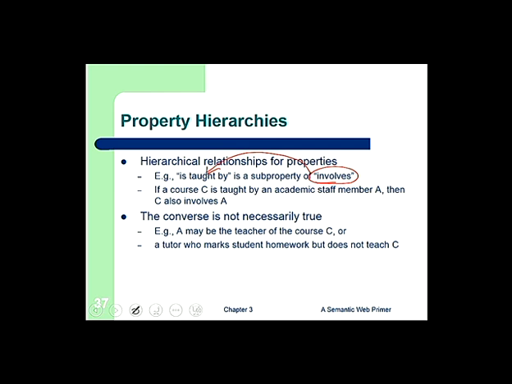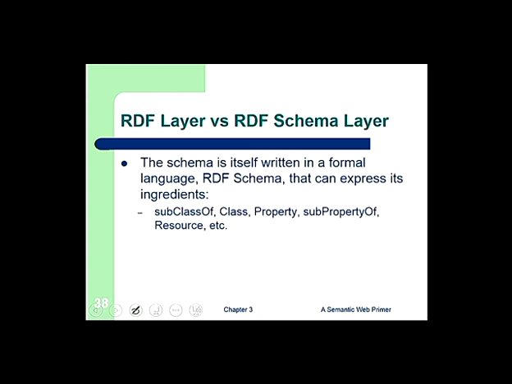Every course involves a certain instructor, but every instructor might not be teaching it. So teaching is a specific property. If someone is teaching, then he is involved in the course, but not the other way around. Maybe someone is involved in the course, but he just, let's say, marks the students' exam papers, but does not actually teach the course. So we can have the sub-property hierarchy as well.